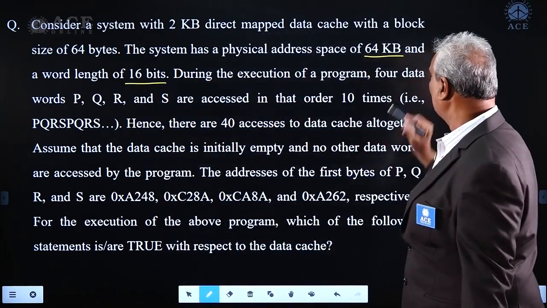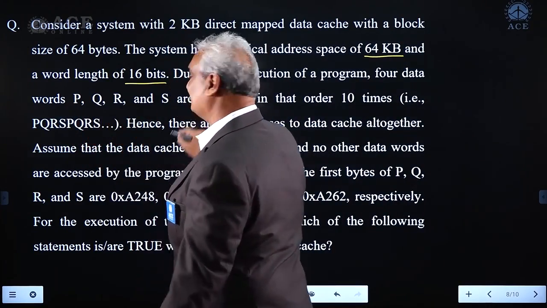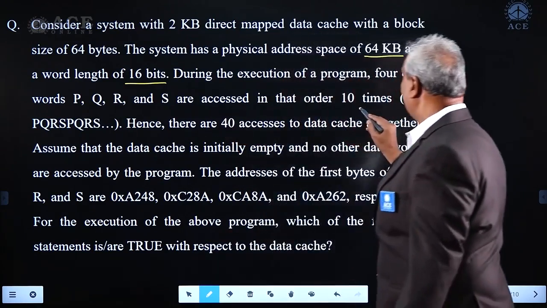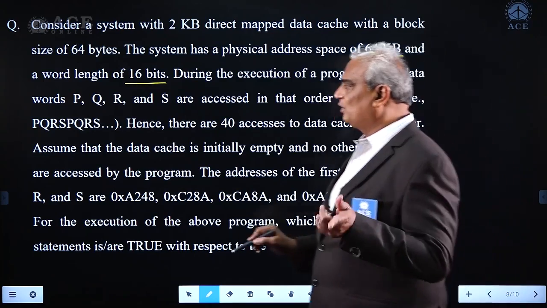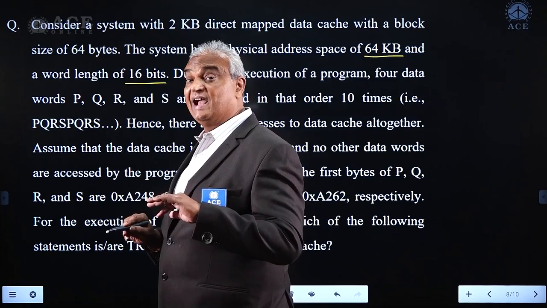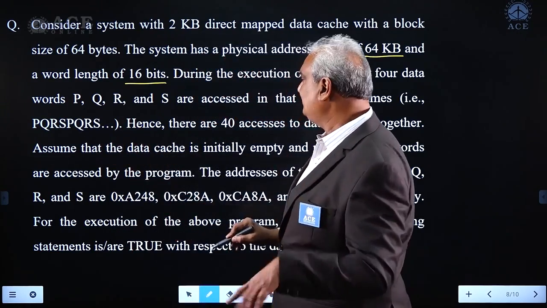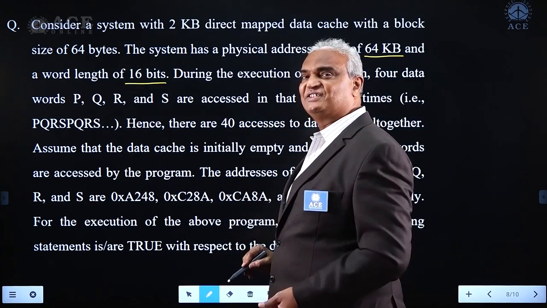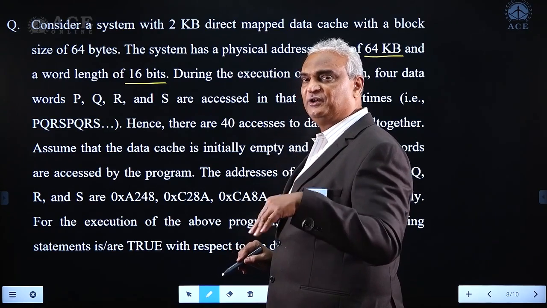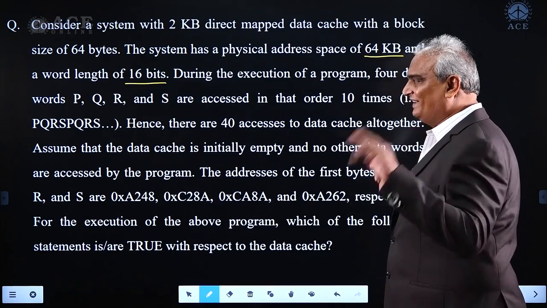During the execution of a program, 4 data words PQRS, these are data words but not data blocks, are accessed in that order 10 times. First the processor accesses P, next Q, next R, next S. It accesses them 10 times in this order, which means the total number of words to be accessed is 4 into 10, 40. Hence there are 40 accesses to the data cache altogether.